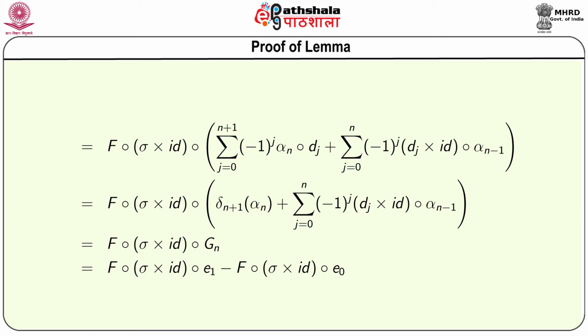But that is equal to F composed sigma times identity composed whatever is written inside the bracket, which is actually Gn. But Gn is e1 minus e0. So, we have F composed sigma times identity composed e1 minus F composed sigma times identity composed e0.